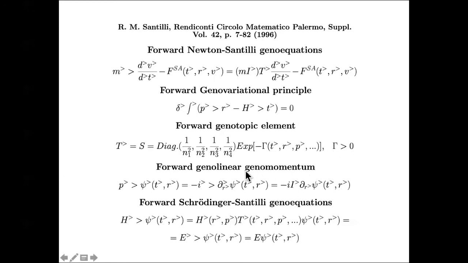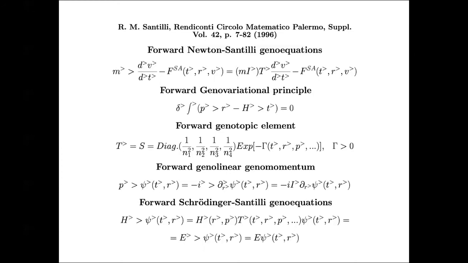Once the Gano linear momentum is known, then it's very easy to subject to a genotopic map the conventional naive quantization, therefore resulting in this equation, which is today known as the forward Schrödinger-Santilli Gano equation. Notice again at the end, there is a Gano eigenvalue with the up arrow, but there is a genotopic product here.